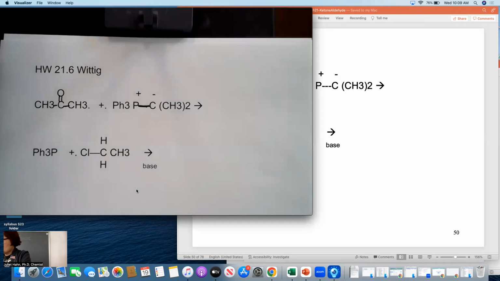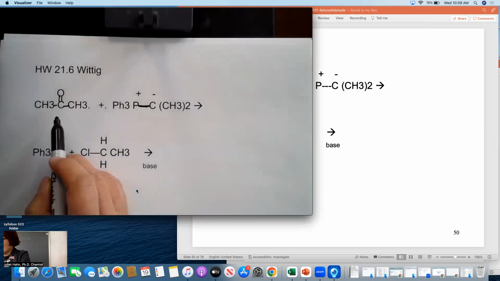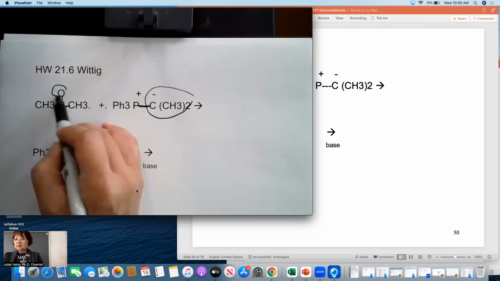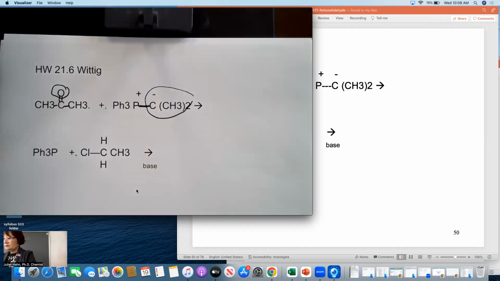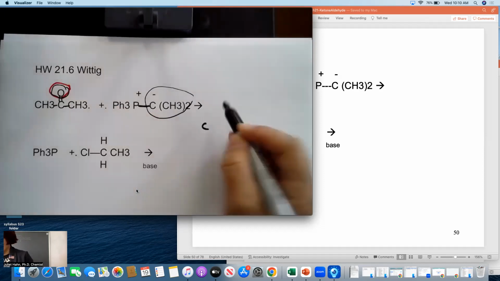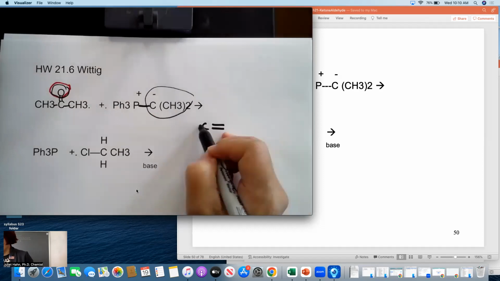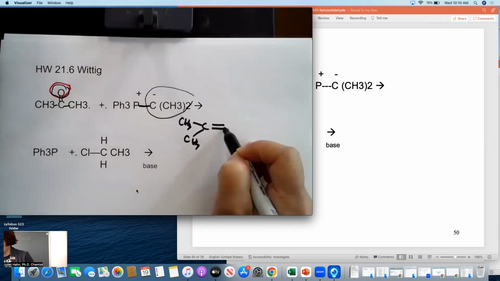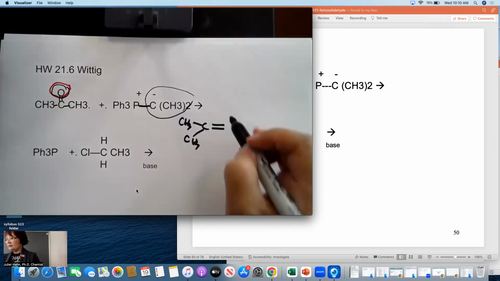So what happens here is this part replaces the oxygen. So the oxygen drops off and you replace it with the carbanion. If I draw it like this, here's my ketone. This is where the oxygen would be, but I'm replacing it with the carbanion.